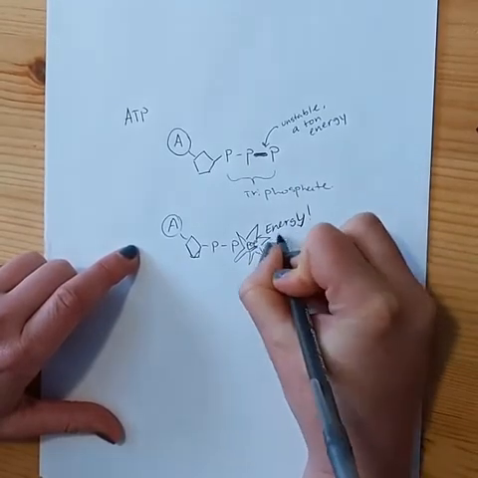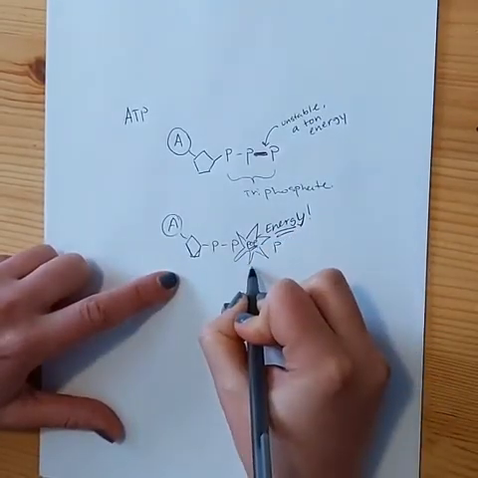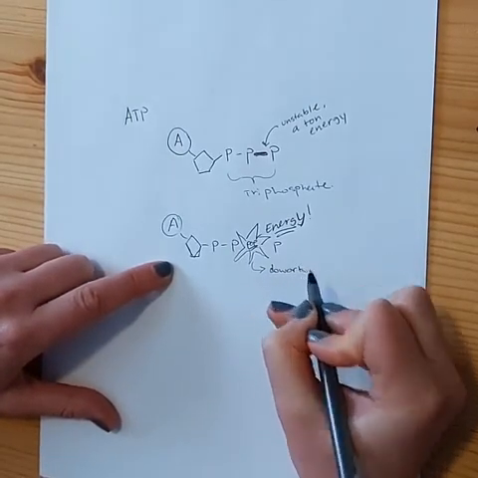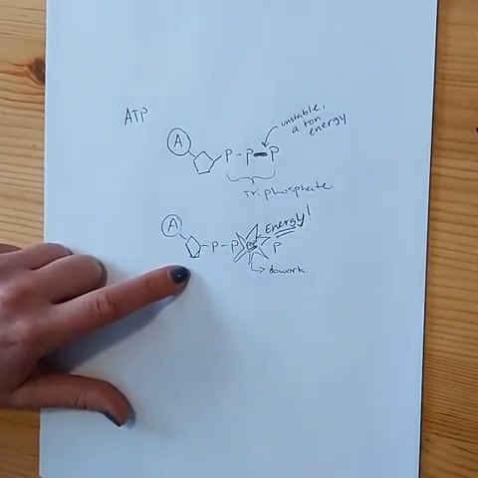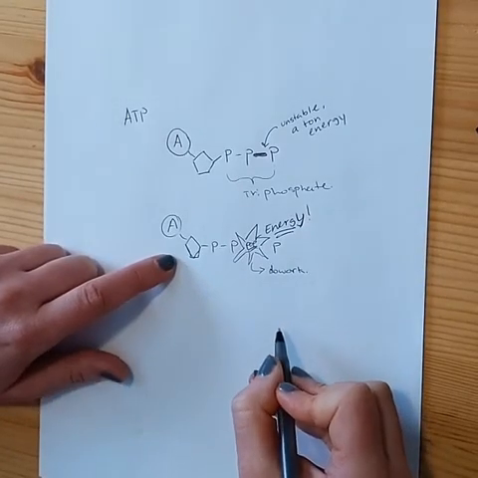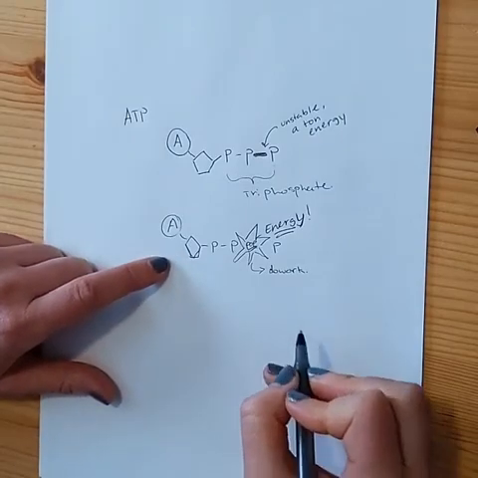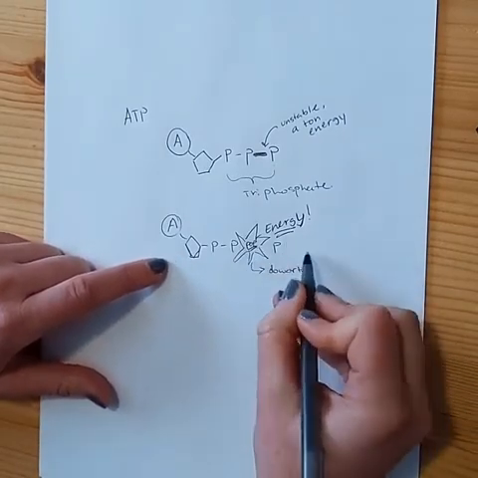Energy is just released like crazy right here. And that energy can be used to do work. In your cell, that might mean you could use it to do exocytosis or endocytosis or move something big across your cell membrane, all the stuff that you learned earlier.